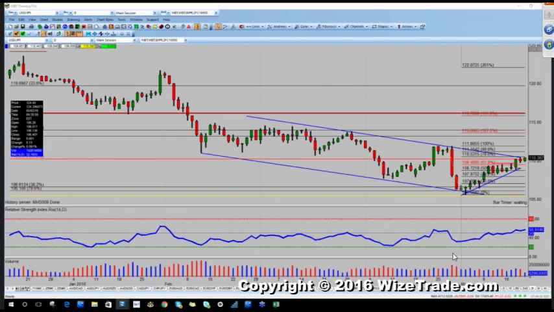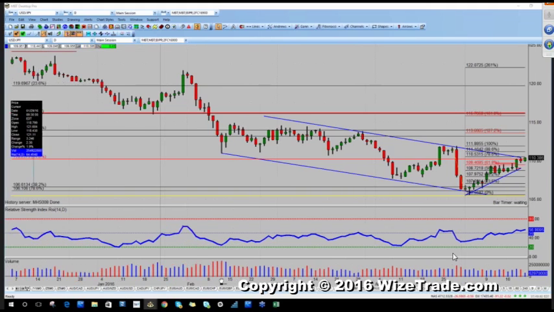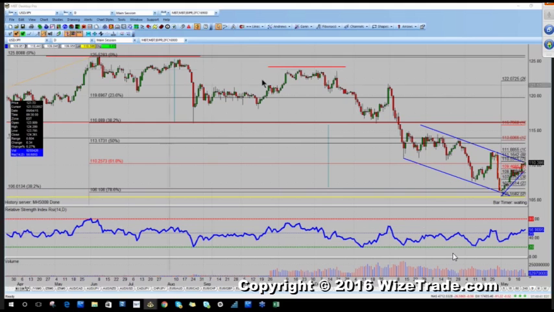I'm super bearish the Japanese economy, and I think the yen is a short. But I've been playing it to the long side for the last several months, since we were up in the mid 120s. I've been looking for reasons to buy the dollar yen, and now look at what we're doing. We're right up against resistance.